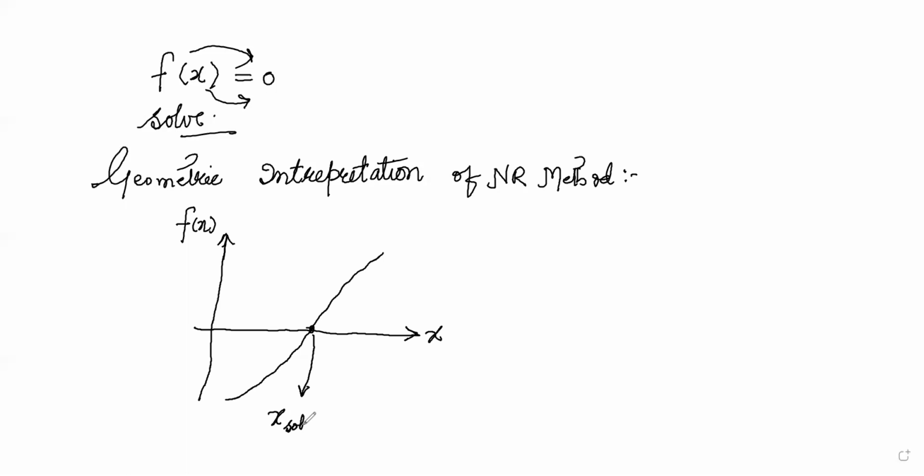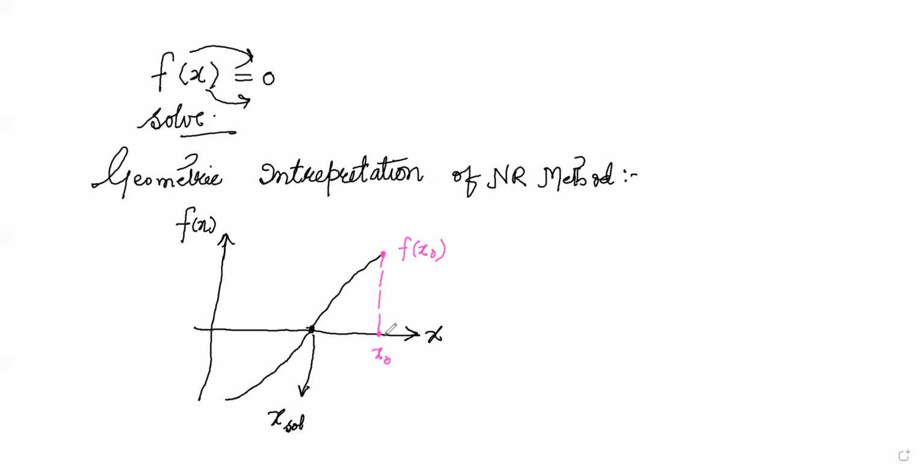So how do we proceed? First of all, we take an initial approximation. We take the point x naught as the initial approximation, and obtain the value of the function at x equal to x naught, f of x naught. You can also take this as x1; this is your choice, no problem at all.